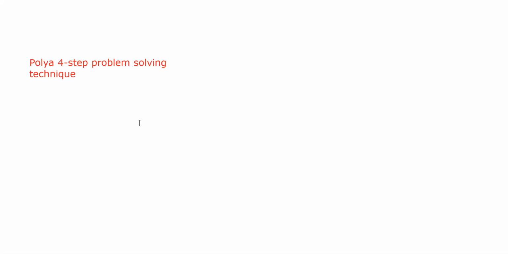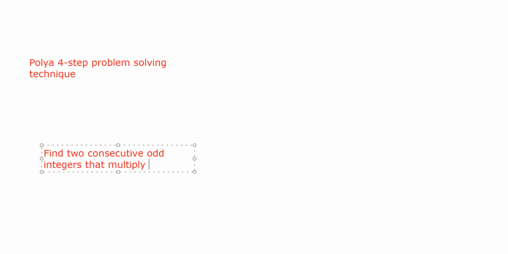And then you can introduce a second variable. You can say y will be the second odd integer. So here, I'll just write it out, just deconstruction here. So find two consecutive odd integers that multiply to 63. That's the one we worked the other day in class in this section.